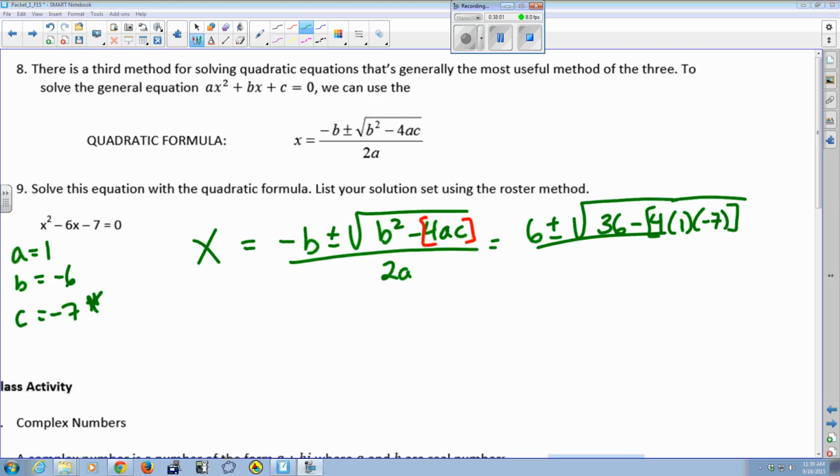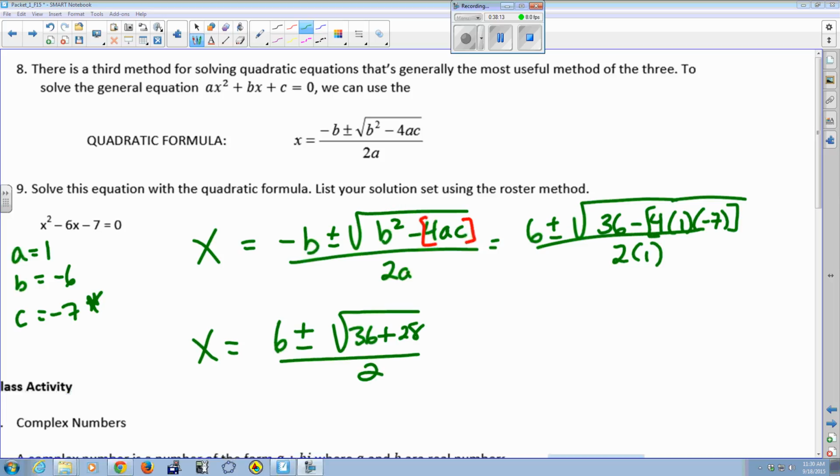All over 2 times A, which is 1. X equals -6 plus or minus the square root of 36 plus 28, because you're subtracting a -28, all over 2.